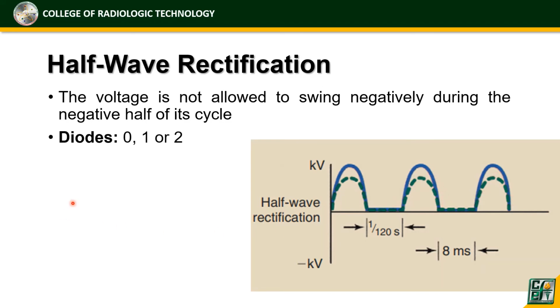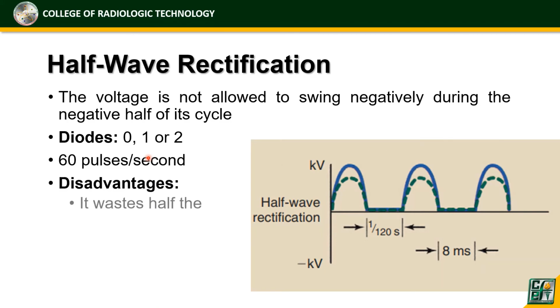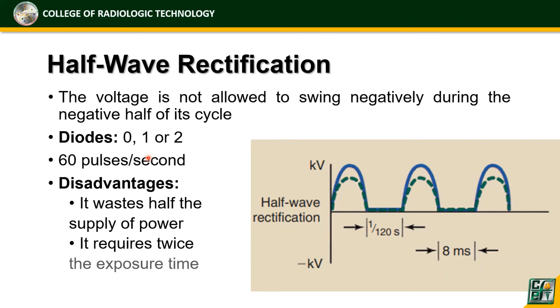Kaya siya tinawag na half wave kasi kalahati na lang ng wave yung natira. So half wave rectification uses 1 or 2 diodes. Okay, 60 pulses per second. And disadvantage, it wastes half of the power supply. It also requires twice the exposure time.